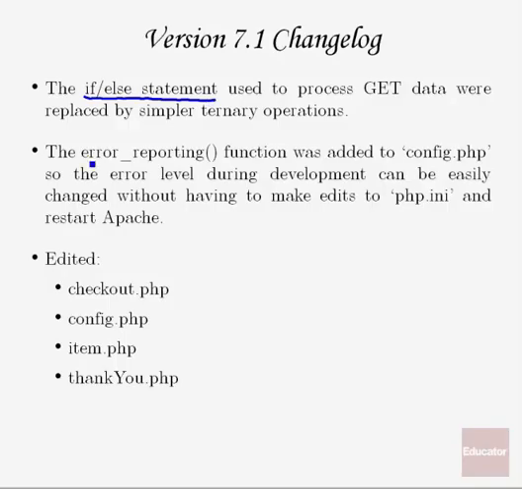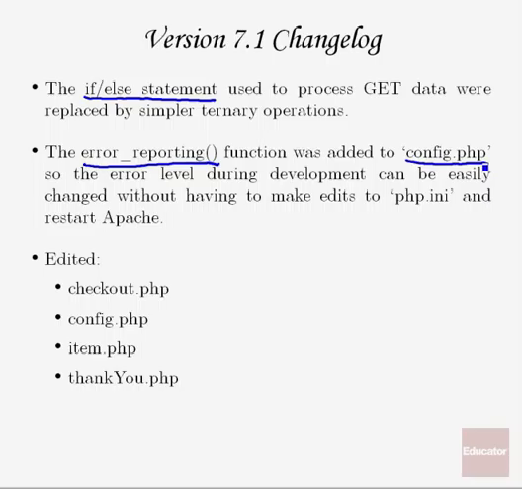Additionally, we're going to add the error reporting function to our config.php file, which, as you know, is the configuration file that we include in all of our pages on the website. And what that's going to allow us to do is, because we're developing, we can go into that config.php file and override the global error reporting settings that our PHP configuration has set up, and that'll give us flexibility while we're developing to experiment with different error levels.